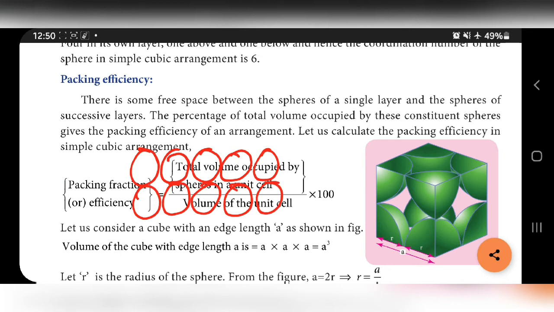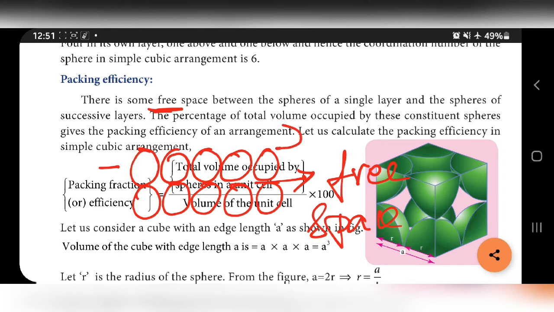That space is not occupied by any spheres. So the percentage of total volume occupied by these constituent spheres gives the packing efficiency.